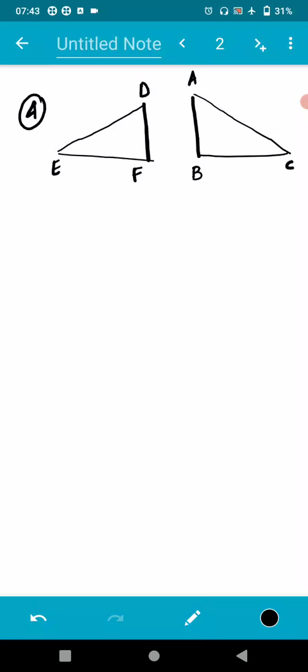Now it is said that DEF is congruent to triangle, sorry I have not given the triangle sign here, ABC, sorry not ABC but BCA.